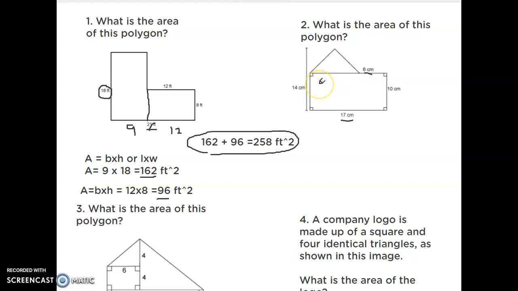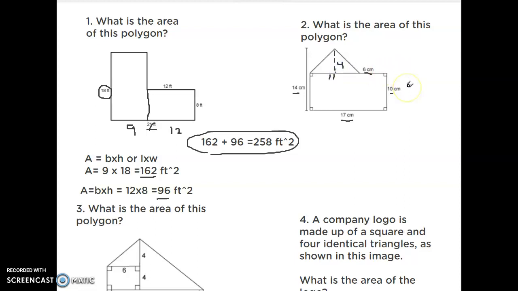If we subtract 17 minus 6, we get 11, so the base of this triangle is 11. Looking at the height, this is 10 here, and the whole thing is 14. So 14 minus 10 is 4, so our height must be 4.